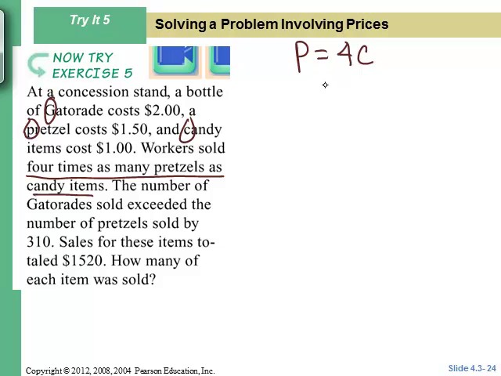Gatorade exceeded the number of pretzels sold by 310.